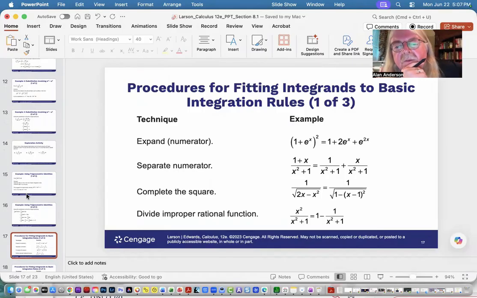So we have expand the numerator, just multiply it out, break it up into two simpler pieces, complete the square so that you can use one of the trig integrals, and divide, which we just did a few minutes ago. An improper rational function means that the degree of the numerator is equal to or greater than the denominator. That's what it means to be improper.